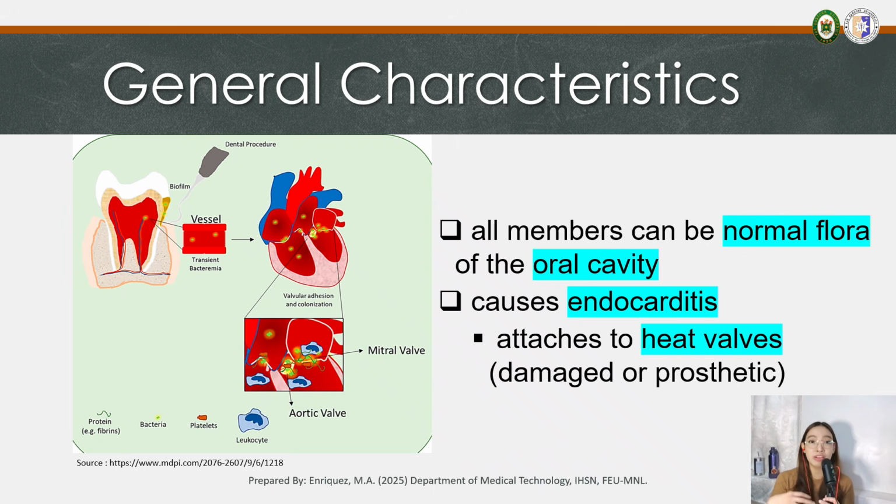Now, after that, they go through the systemic circulation until they reach the heart. So, in the heart, they stick to the heart valves and the infection would proceed. So that's how HACEK members who normally exist in the oral cavity are able to cause endocarditis.